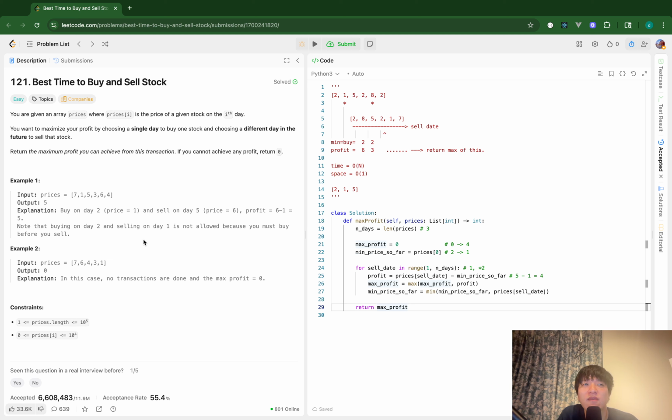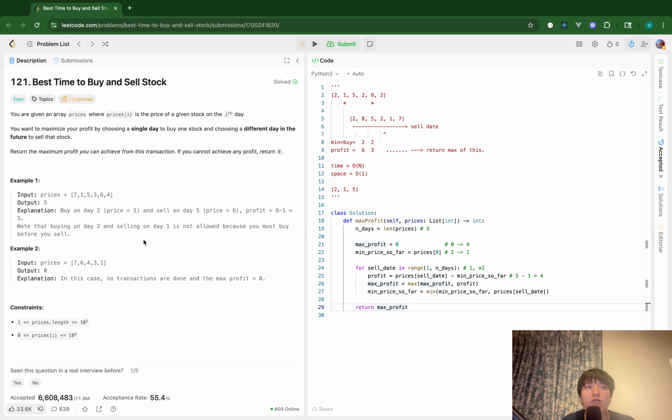And my task is to buy the stock on some single date and sell it on a day later than that. And I can choose any combination of buy date and sell date. And I will return the maximum profit of every combination.